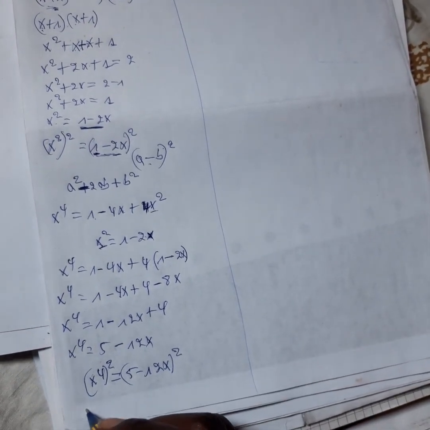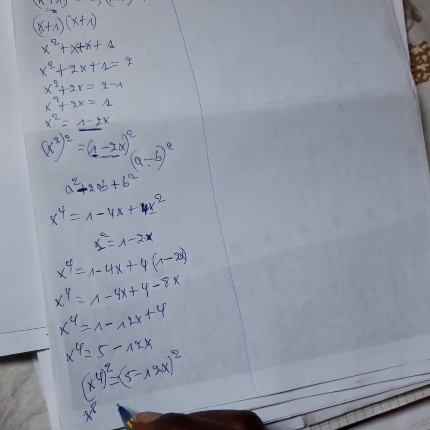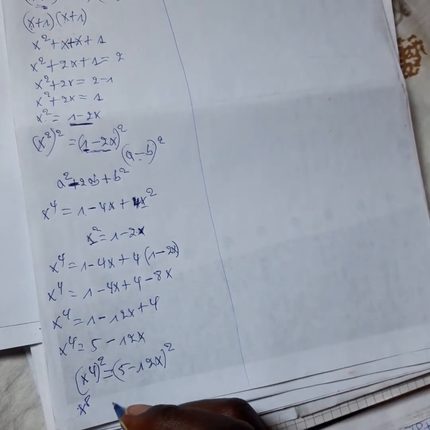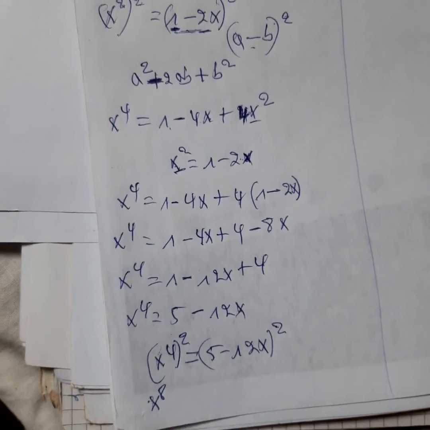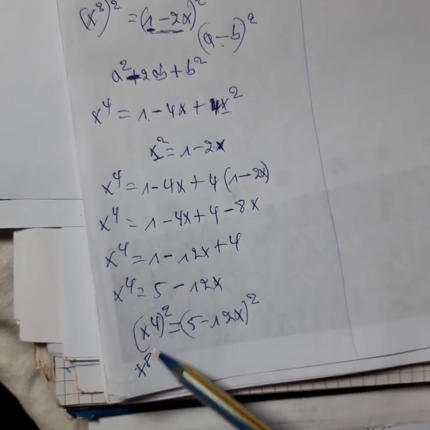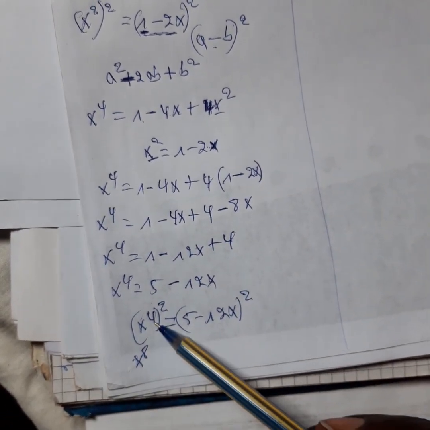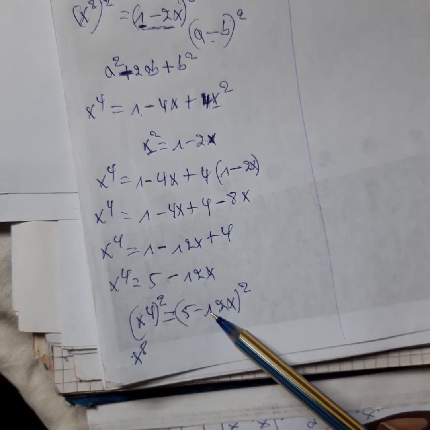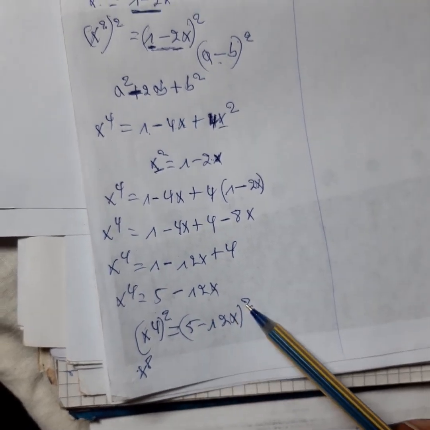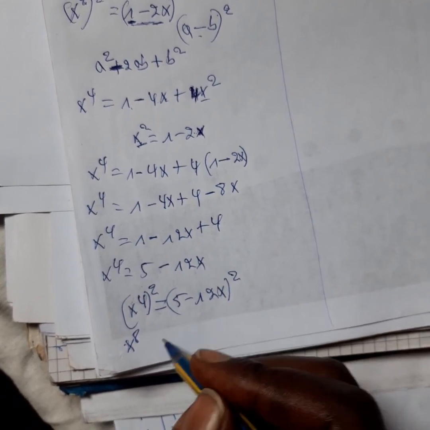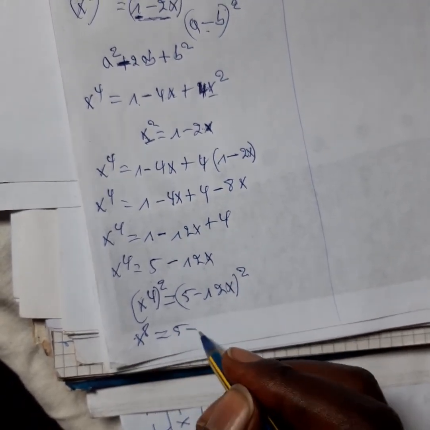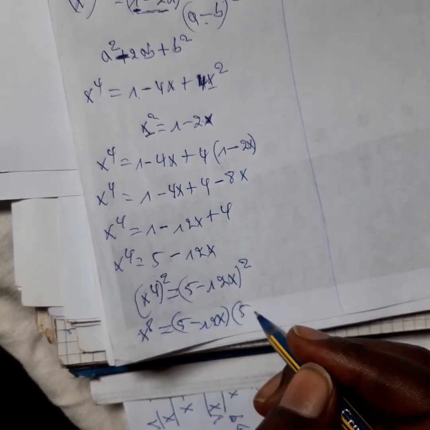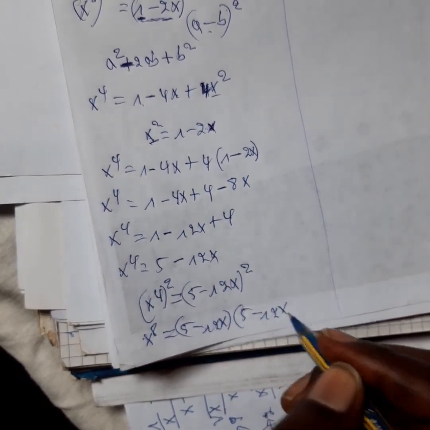So here we'll have x to the power 8, and here we have (5 minus 12x) squared. So here we'll have (5 minus 12x) times (5 minus 12x).